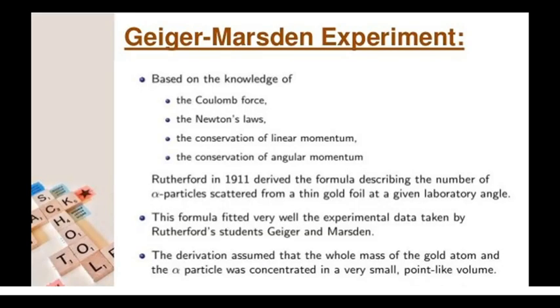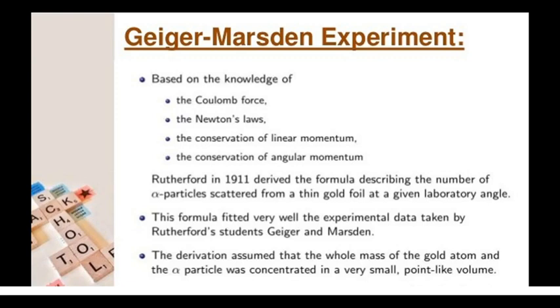Even though Rutherford made this scattering formula theoretically, the experiment was done by Geiger and Marsden. That is, Hans Geiger and Ernest Marsden tested the predictions of this Rutherford scattering formula in a series of experiments involving the scattering of alpha particles from different thin metal foils.